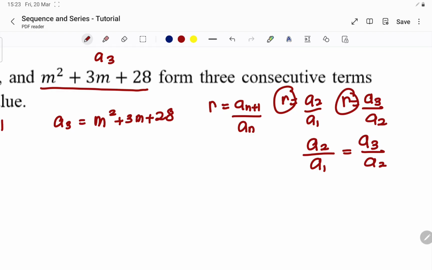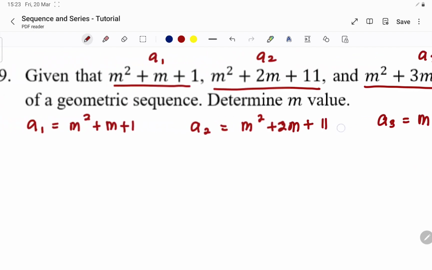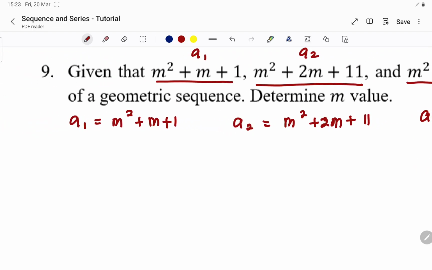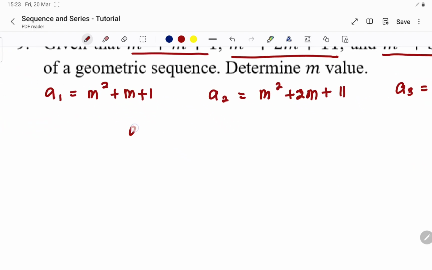Okay, so now from this, bring here, so we have a2 divided by a1 equal to a3 divided by a2, right? So what you have to do is substitute inside.